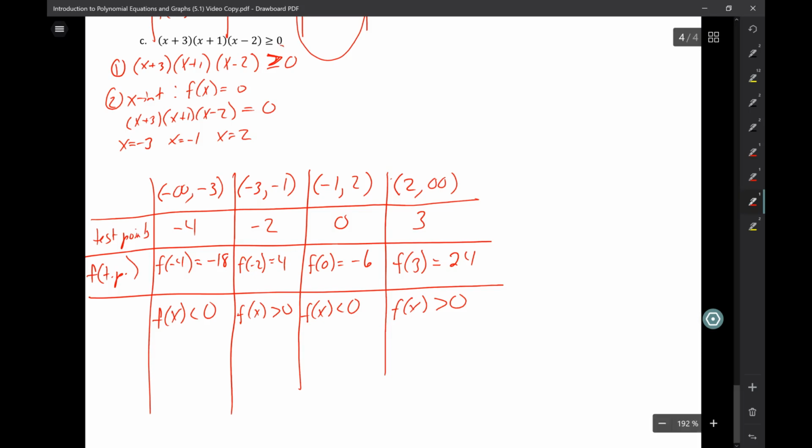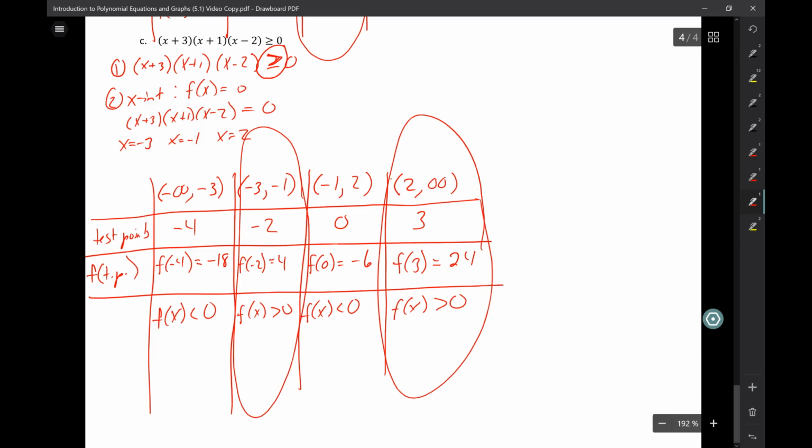Now, since our inequality was greater than or equal to 0, we don't want to include anything where the function was less than 0. Therefore, we have to include this one here because it was greater than 0, and we have to include this one here because it was greater than 0. However, notice now it's greater than or equal to, which means that we can do the following. We don't just include -3 to -1 union 2 to infinity.